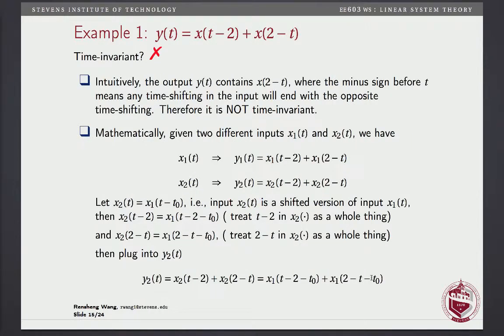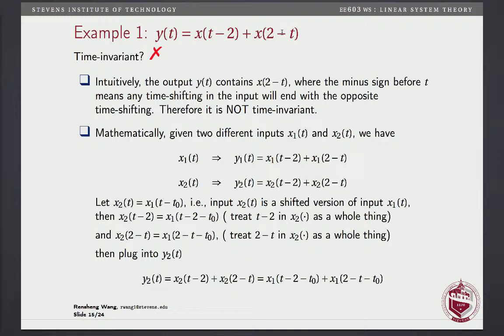Let's think about time invariance. Intuitively, we can think that this definitely is not time invariant. Why? Because look at this term: you have a negative sign in front of t. So any time shifting with t will be flipped in the opposite direction. Remember, what do we mean for a time-invariant system?